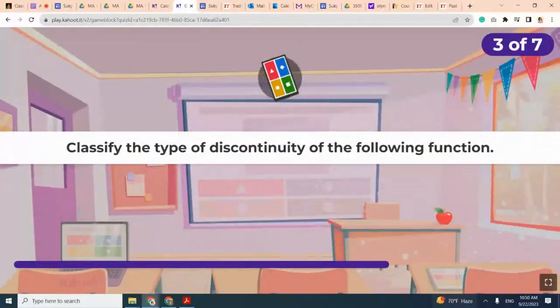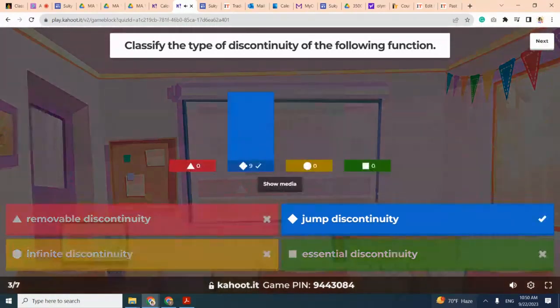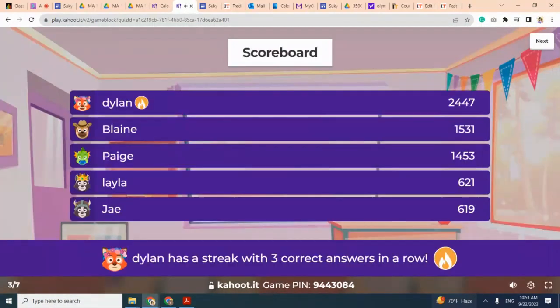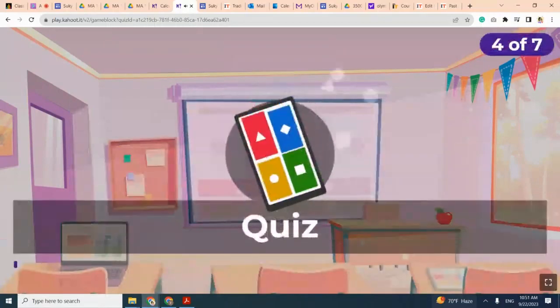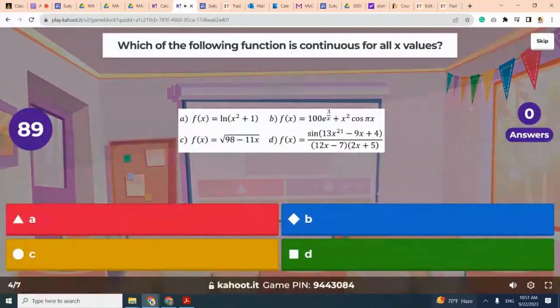Classify the type of discontinuity of this function. Which type? Good job. Which of the following functions is continuous for all the x values? Which one is continuous? Which means the other three are not continuous.